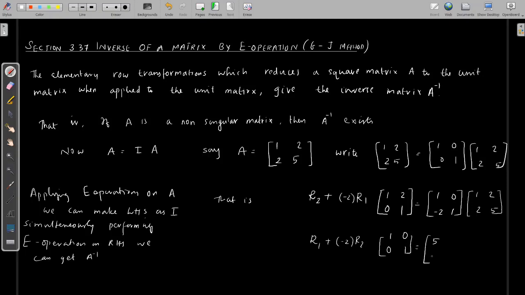So that is 5, minus 2, minus 2, 1, and we will write A as it is. Then we can get a new matrix 5, minus 2, minus 2, 1. This matrix is B, then we get BA equal to I, and this matrix B is called the inverse of A.